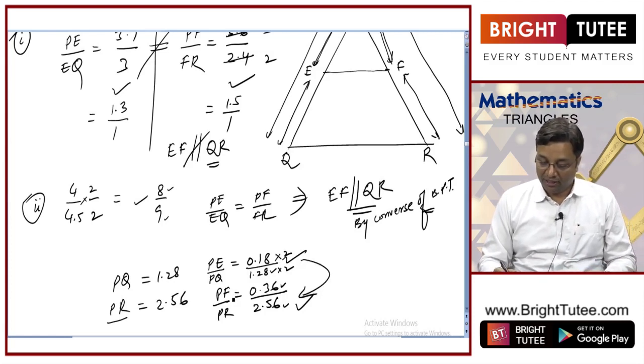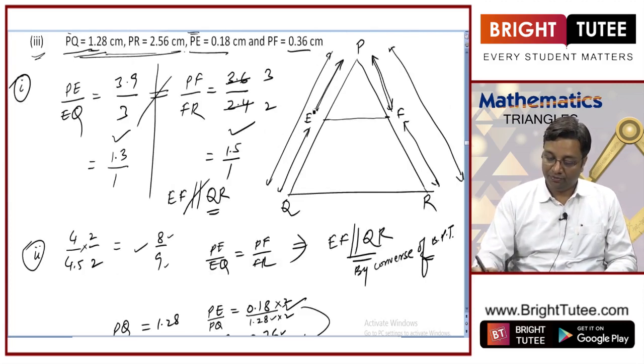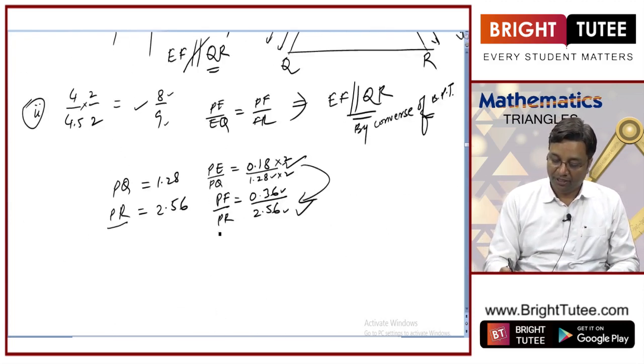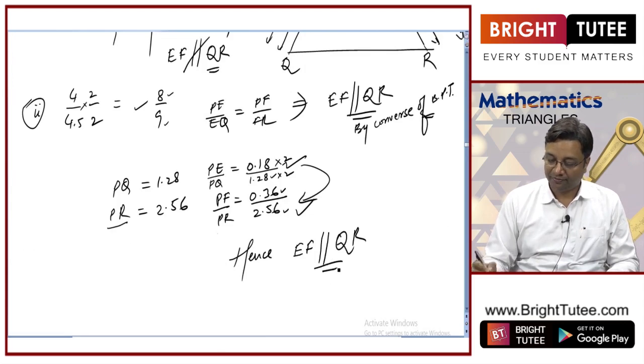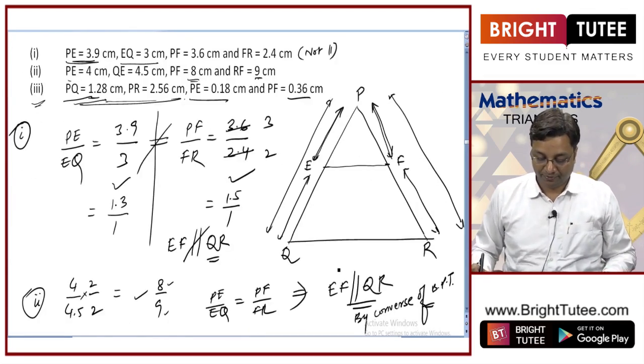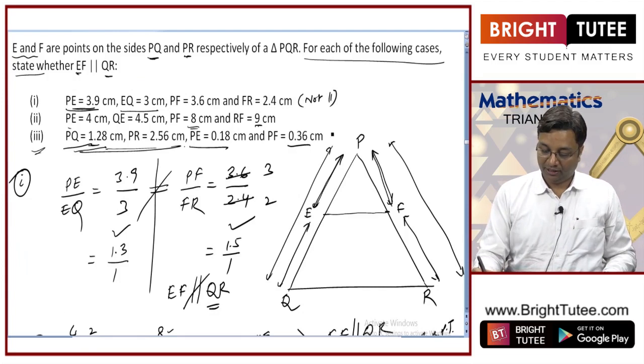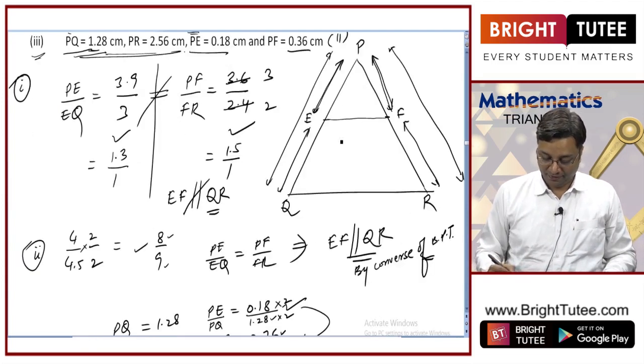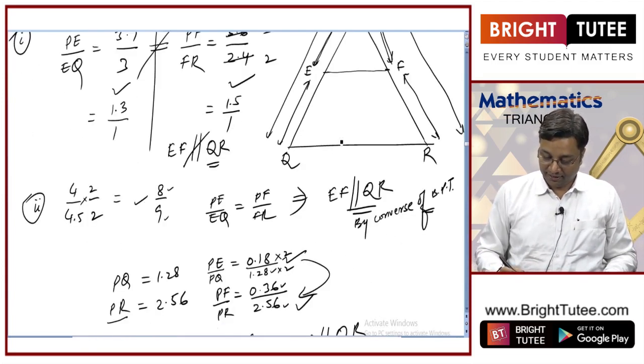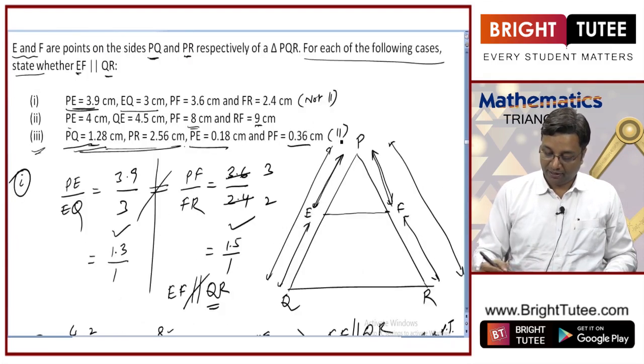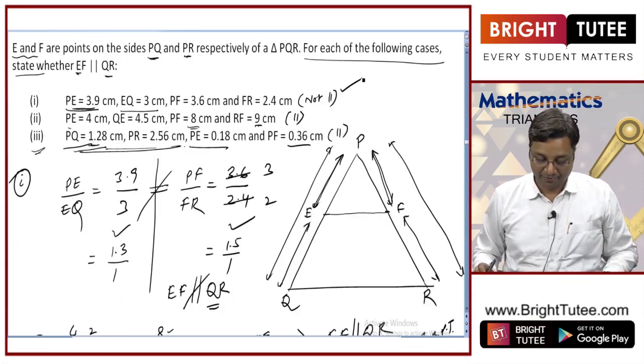So, these ratios are equal, PE by PQ is equal to PF by PR, hence line EF is parallel to QR, right. So, in this case it is parallel, and in the second case it was parallel, only in the first case it was not parallel, right.